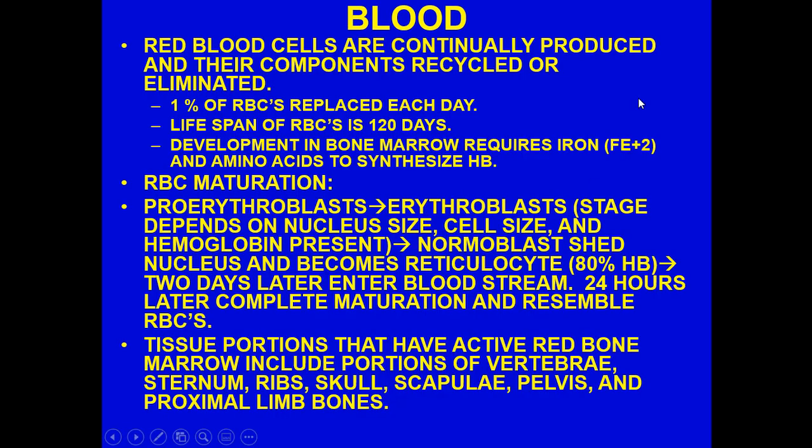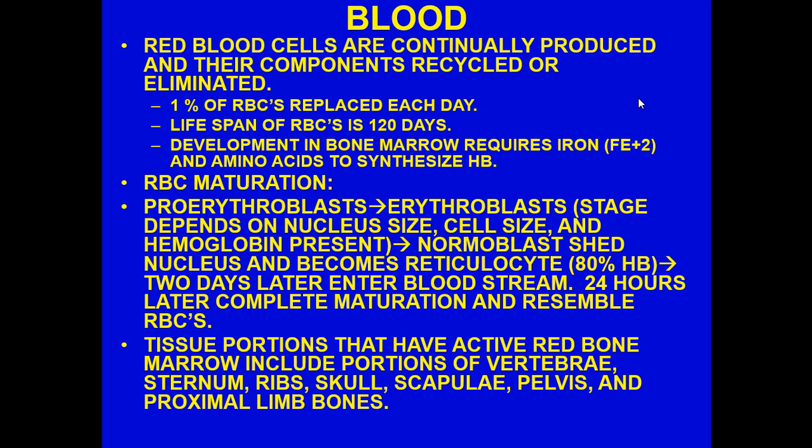Now, red blood cells are continually produced and their components recycled or eliminated. 1% of RBCs are replaced each day. Lifespan of RBCs is 120 days. Development in bone marrow requires iron in the form of Fe+2 and amino acids to synthesize hemoglobin. RBC maturation, you start off with proerythroblasts.